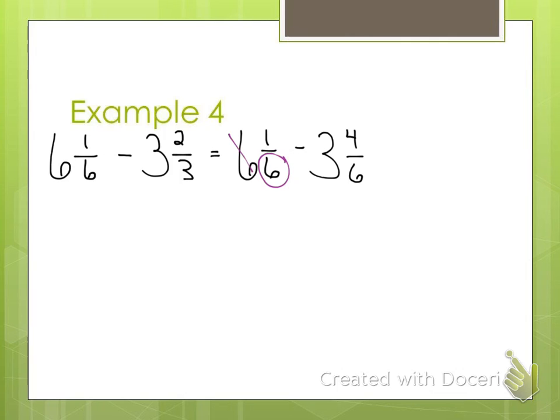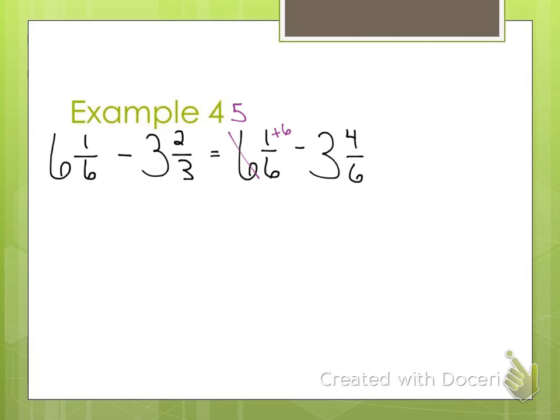So if I'm borrowing a whole, that means I add that number to my numerator, 1 plus 6. So if my denominator was an 8, what would I add to the 1? An 8. If it was a 10, what would I add to the 1? 10. A 10. And I cross my 6 out and I make it a 5.